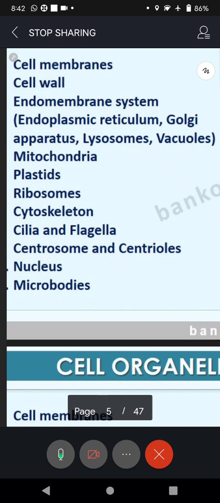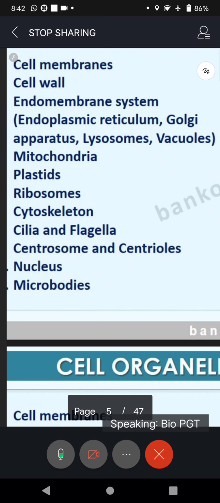That there is a tag for every cell organelle. Like I said yesterday, mitochondria are the powerhouses of the cell. Why are they called powerhouses of the cell? Because they store energy, and the energy will be in the form of ATP, adenosine triphosphate. And we have got a tag for that.